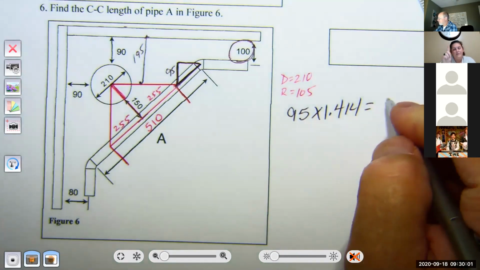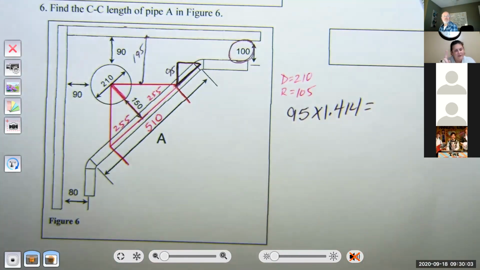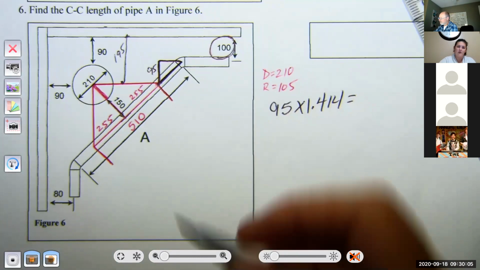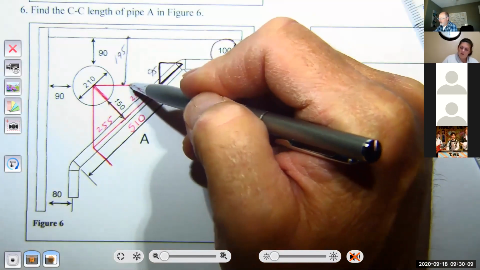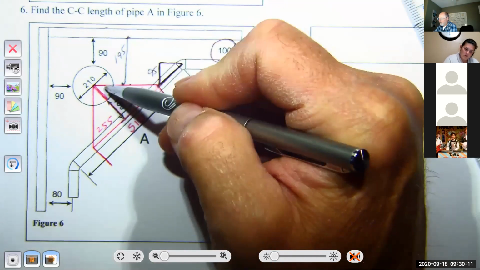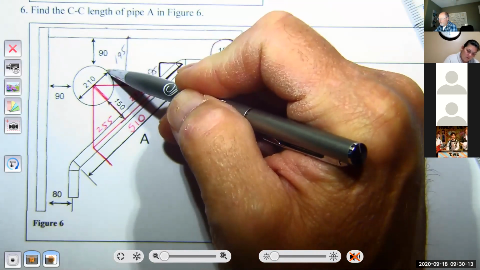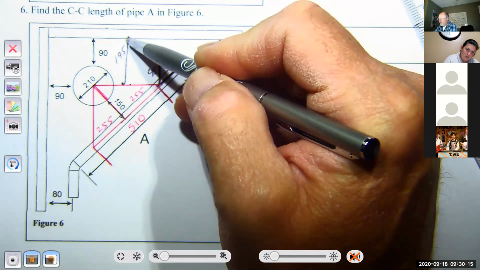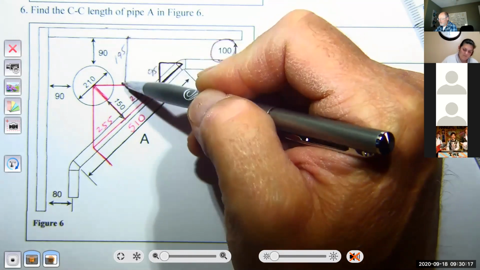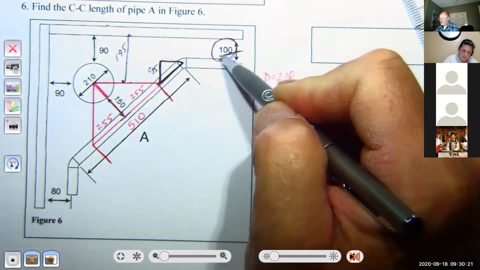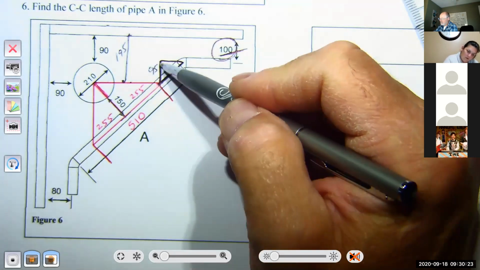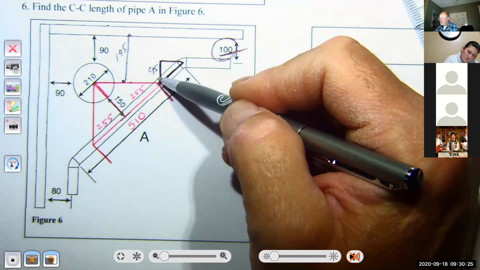Sorry, can you go over that one more time? I was scribbling. Sure. I first have to get the measurement from the red line to the wall. Half of 210 is 105 plus 90, so this line is 195. If I minus off the 100 over here, this line is 95.